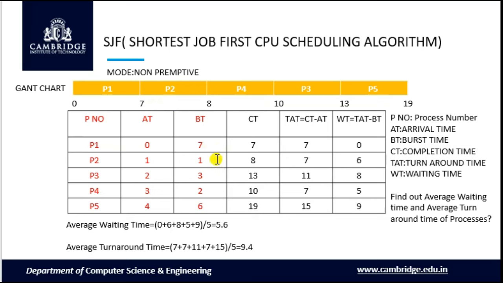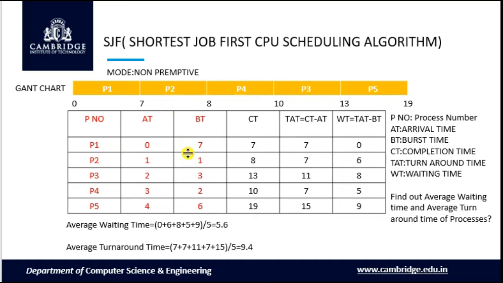P2's burst time is 1, P3's is 3, P4's is 2 and P5's is 6. Obviously P2, with the least burst time, is scheduled in the Gantt chart next.